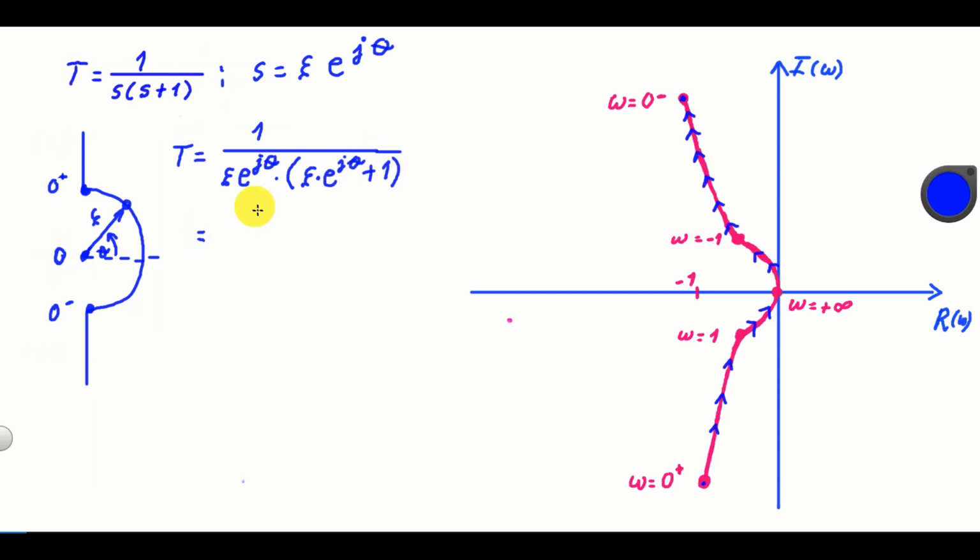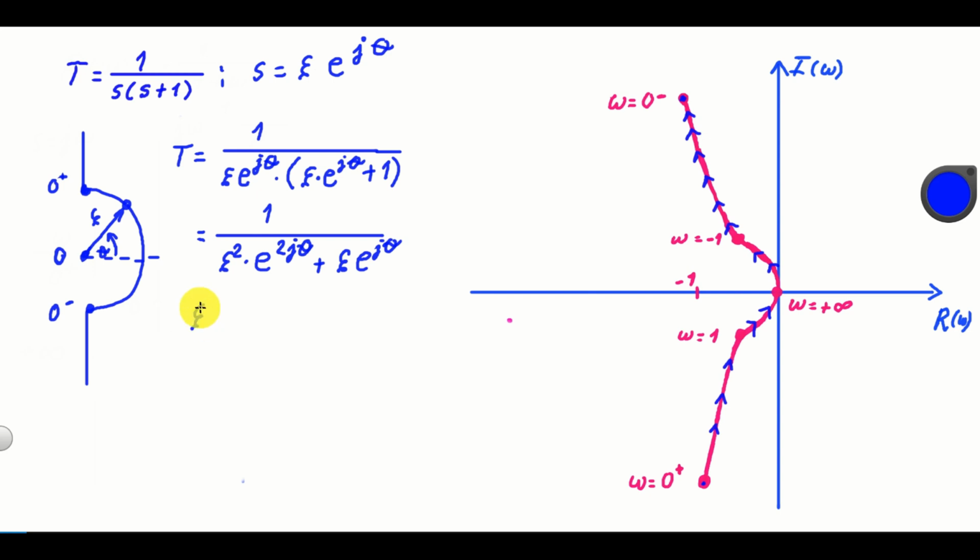Next, if we multiply all the terms in the denominator, we obtain epsilon squared multiplying e to the power 2j theta plus epsilon multiplying e to the power j theta. And here comes a very important analysis.